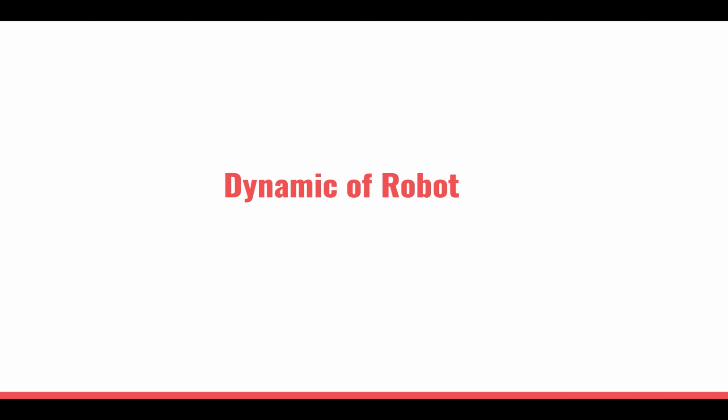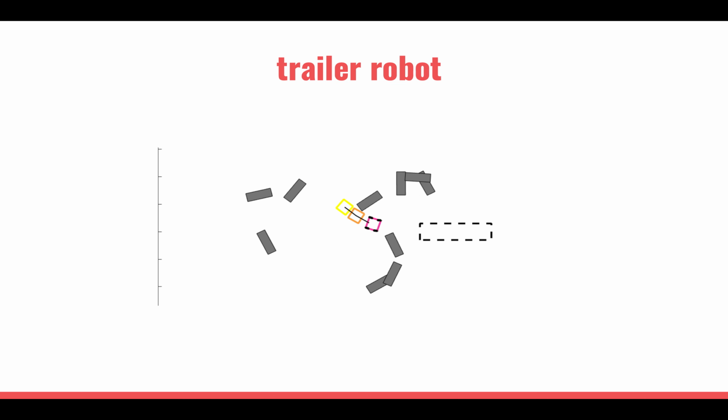So in order to fully understand and model our robot, I work on the dynamic part of this project. This figure shows the dynamics of the robot with trailer bypassing the obstacles. It's one of the progress that we understand better about the effect of the trailer.